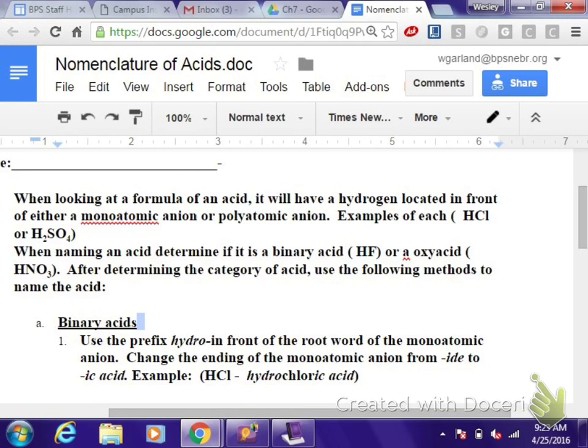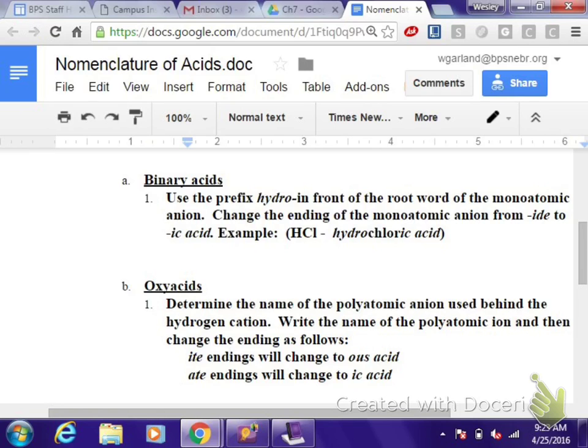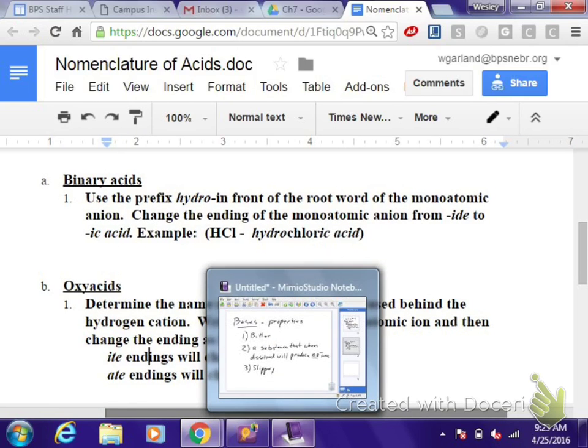Now, I'm going to give you a sheet. When you look at naming acids, there are two types of acids: binary acids and oxy acids. The binary we know is two elements, H and one of the elements off the periodic table.